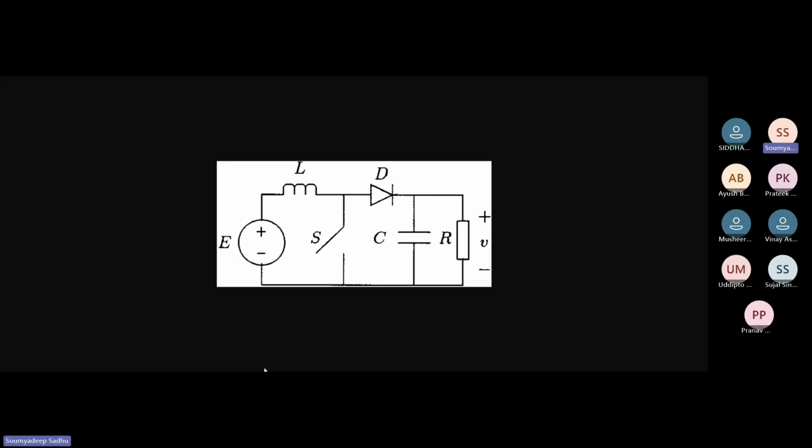So 0 is for digital 0 and 5 volt is for digital 1. If the duty cycle is 0.5, what is the average voltage of the output? 2.5 for 50%. So 50% of 5 volts is 2.5 volt, right?